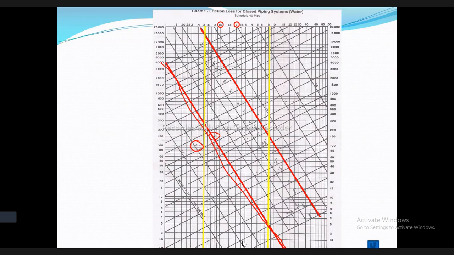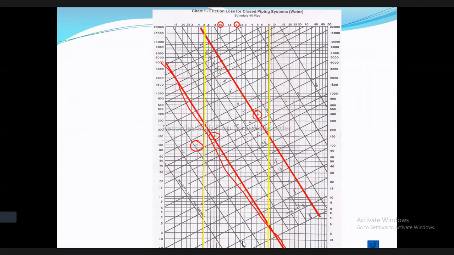Here you have flows, and the maximum I can take is 8 FPS. For any chart, let it be ducting, let it be pipe, the first thing is you have to mark your lower and higher limit of velocity. Then mark lower and higher frictions.